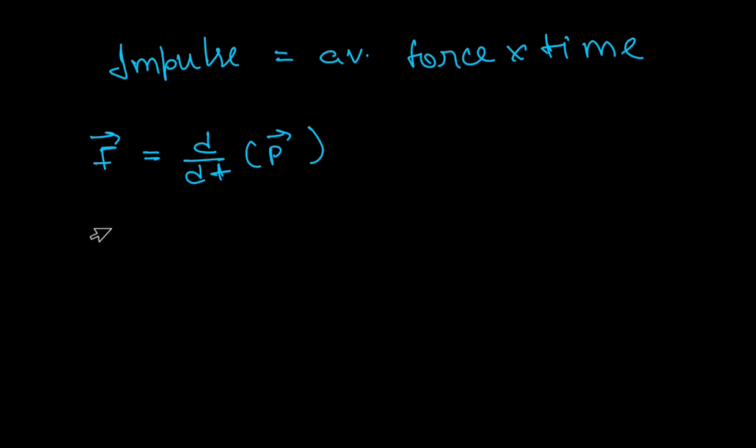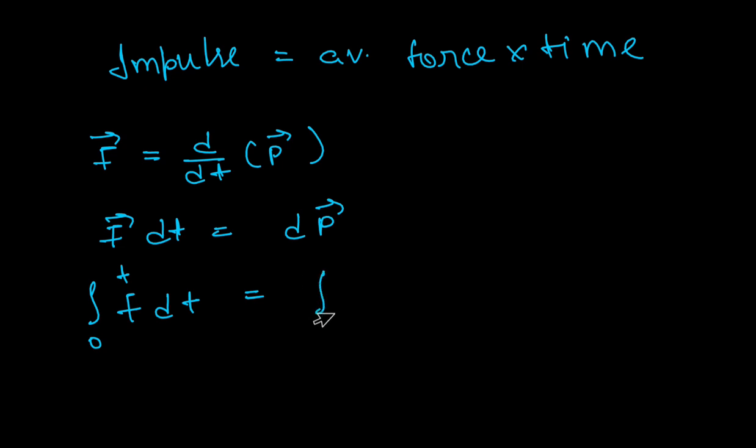and we can write this as force into dt is equal to dp. Integrating both sides from time 0 to t, and from momentum, that is initial momentum, to final momentum during time 0 to t.